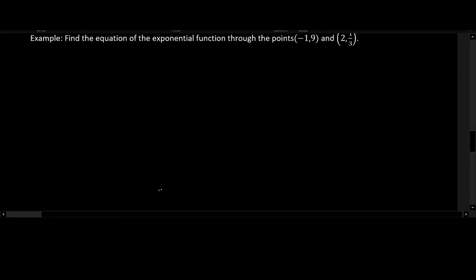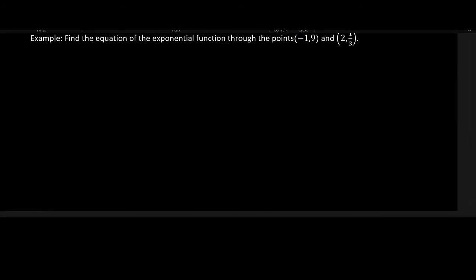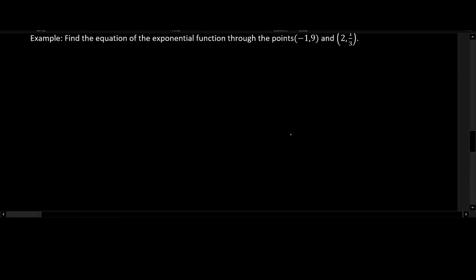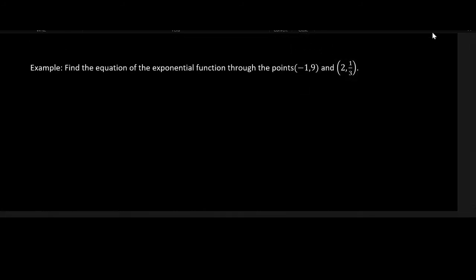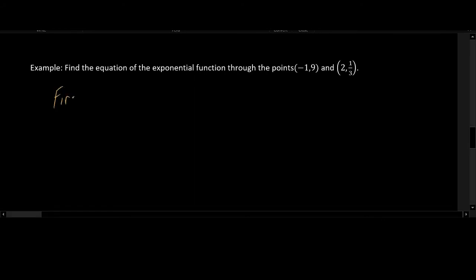In this problem, we're asked to find the equation of the exponential function through the points -1, 9, and 2, 1/3. So the first thing that we're going to do is find the base.